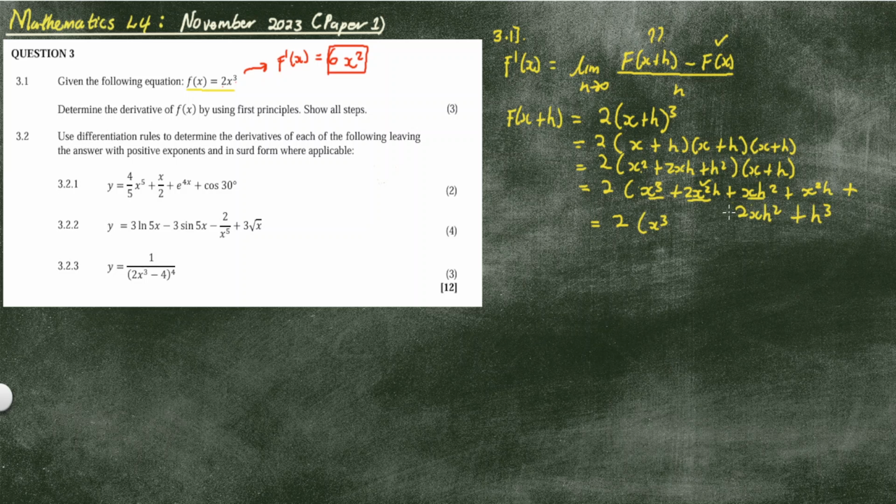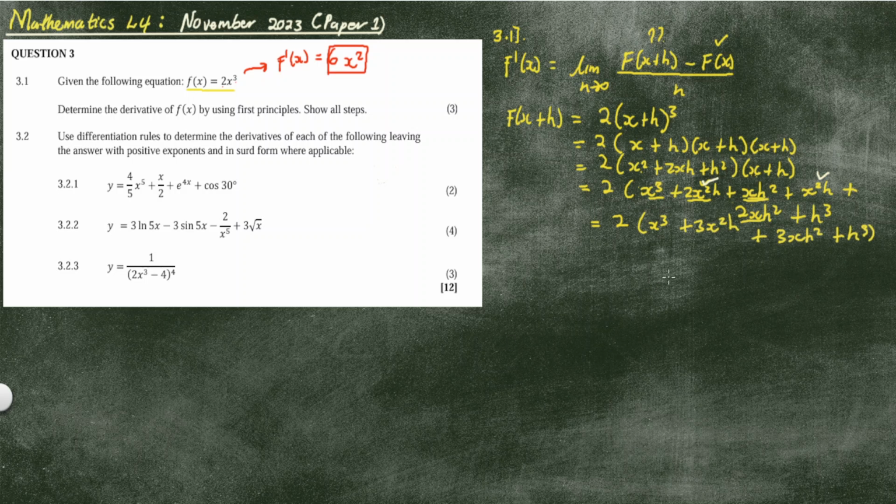Okay, let's identify my like terms. This and this are my like terms, so they are giving me 3x squared h. This and this, I'm also getting a 3xh squared, and then plus h cubed.